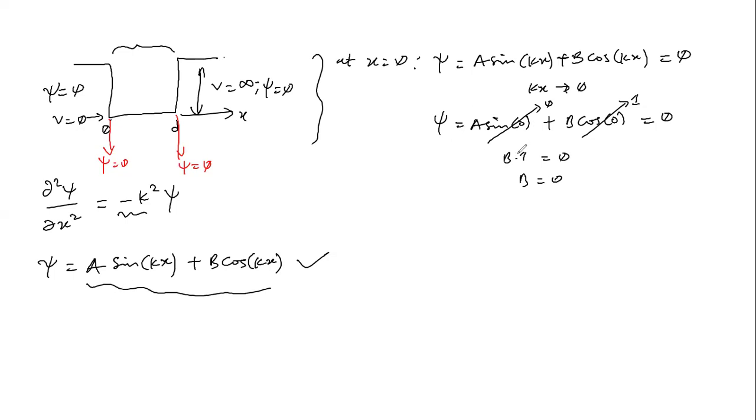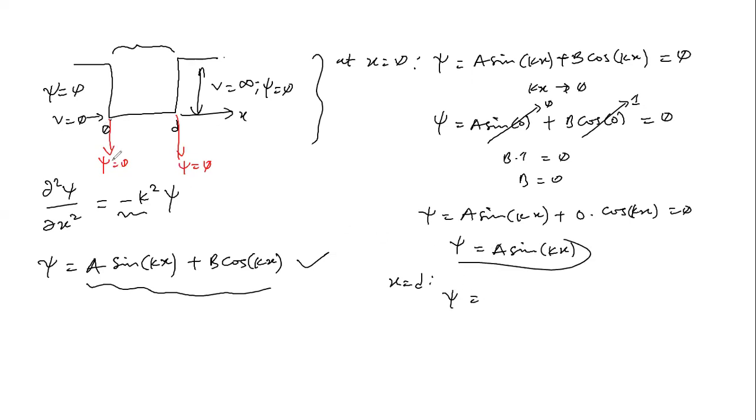Now, if we substitute b equal to 0 into this wave function, we have a sin kx plus 0 times cos kx, so psi is equal to a sin kx. But at x equal to d, the wave function, which we already solved at x equal to 0, now reduces to a sin kd, and this also is the same as 0.